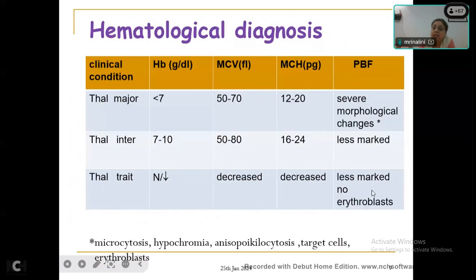And in trait, you don't need any transfusion, but you will find an MCV which is low, and hemoglobin strangely may be normal in some cases. So whenever you're looking at the CBC, just don't stop at hemoglobin. You also look at the MCV to see for a reduction in MCV, because in certain traits the hemoglobin is normal. So we may miss an underlying hemoglobinopathy if we just look at the hemoglobin and not the MCV.